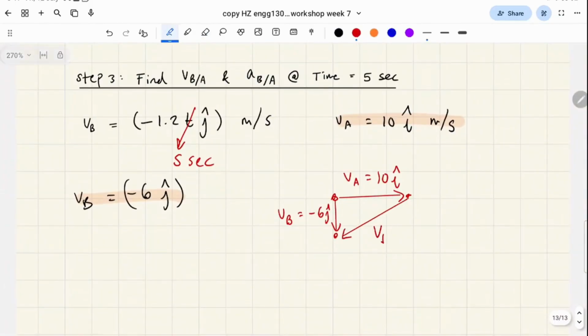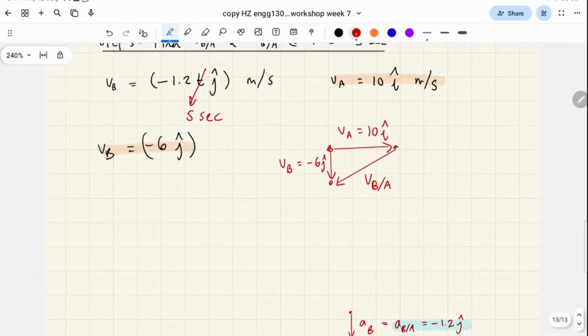This is the velocity of B relative to A. Basically, imagine you're the car that's driving on the path of A. The velocity of B looks like it's going down, right? And it's looking like it's going to the left. Do you know what I mean? That's the way that you think about it. So then at that point, that's where B is, right?